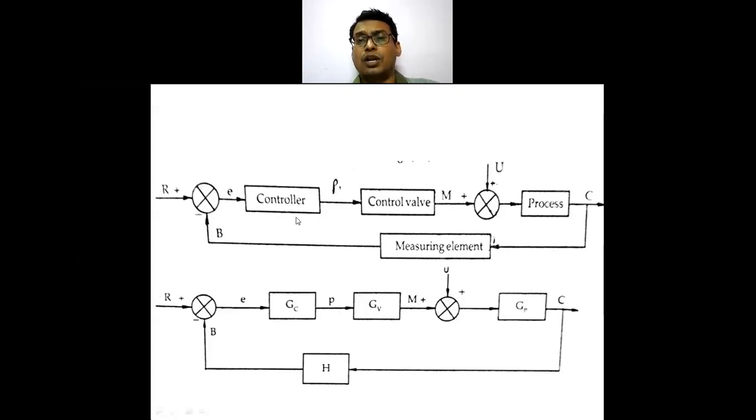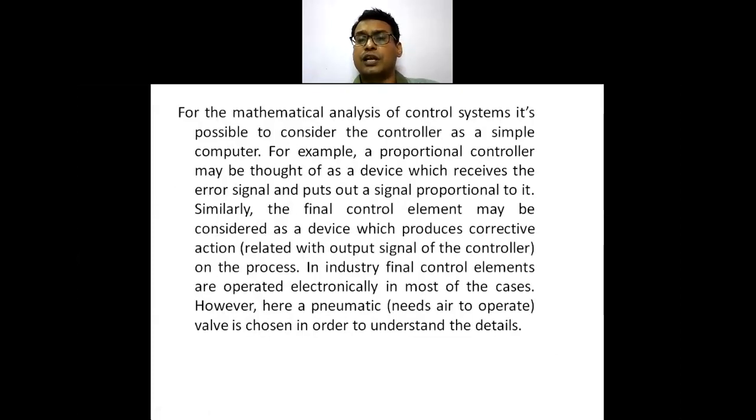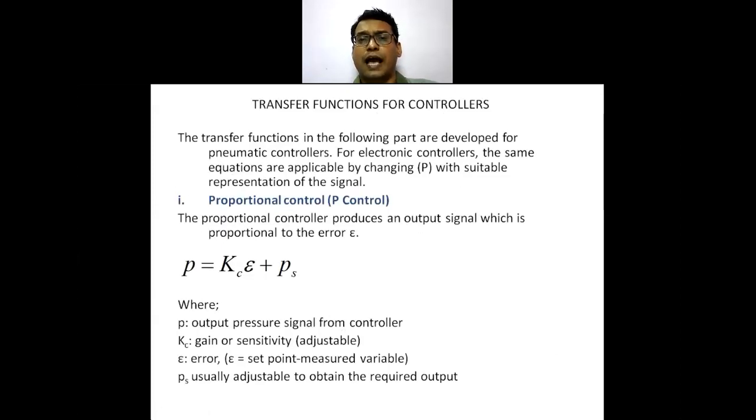So controller transfer function, there are four types of controller as we have discussed. So one by one transfer function we will see now. The proportional controller. Proportional controller, that is what? The proportional controller produces an output signal which is proportional to the error.